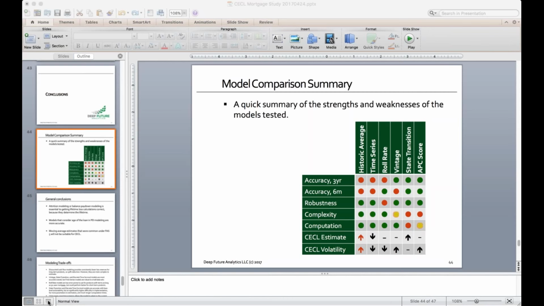But some folks use optimization where they're looking at losses and volatility in losses, which is equivalent to economic capital, or some combination of these things. Since what we saw when we looked at these models was both different lifetime loss estimates and different volatilities, you will get different portfolio optimization results depending on your choice.